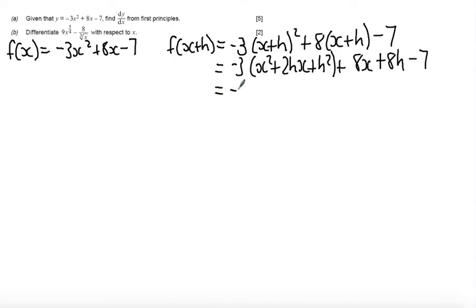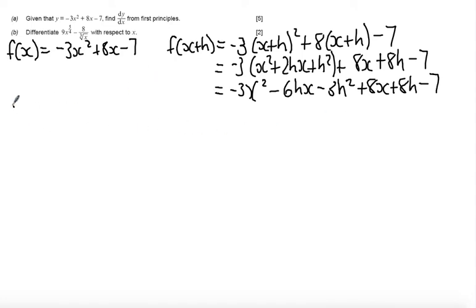And finally, the final expansion, I get minus 3x squared minus 6hx, and that should be a minus 3h squared plus 8x plus 8h minus 7.